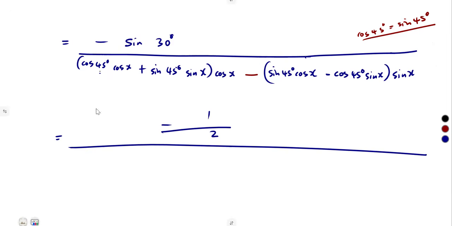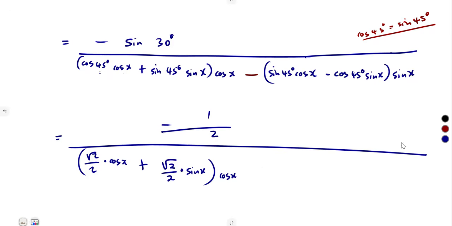So, meaning to say cos 45, we simplify this. We said what? Square root of 2 over 2 in simplest form. Yes, you can use 1 over square root of 2. Here I'm just writing in simplest form, times cos x plus sine 45, same as cos 45, square root of 2 over 2 times the sine of x, which is outside. Then everything in this bracket is affected by what? The cos of x.